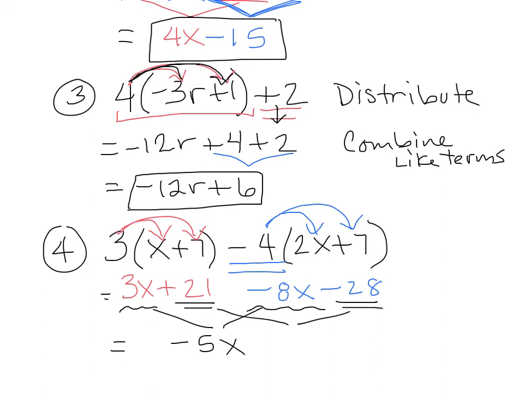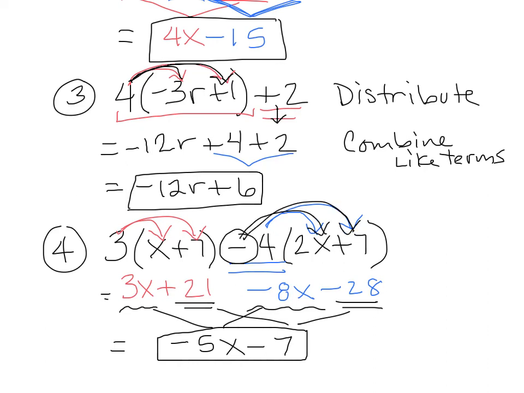We're going to combine those like terms, and let's see, the bigger number is negative, so the answer is negative 7. Okay, and then that becomes our final answer here. So our goal here is to be able to distribute and combine like terms. Watch out for that negative in the middle. You do need to distribute it into the parentheses as well.